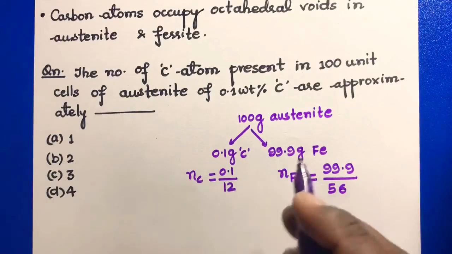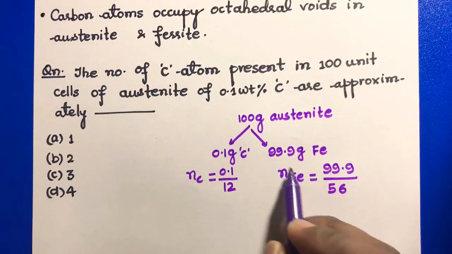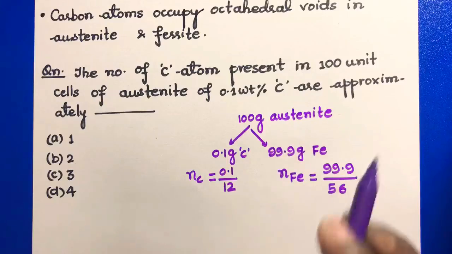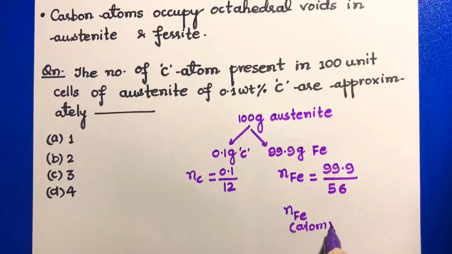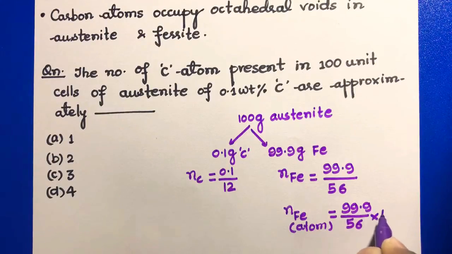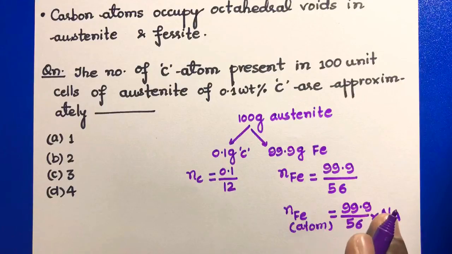So if you want to calculate the number of iron atoms in 100 gram austenite, the number of Fe atoms should be 99.9 divided by 56 into Avogadro number. Avogadro number we know from the mole concept is 6.022 into 10 to the power 23.